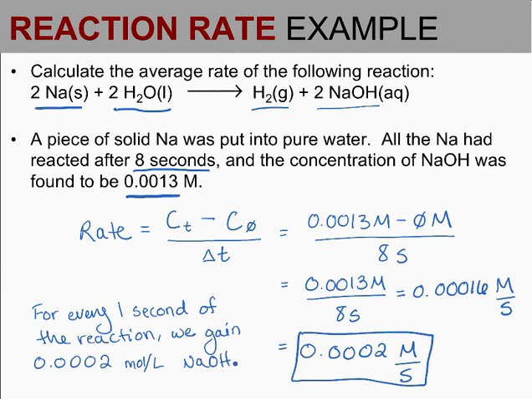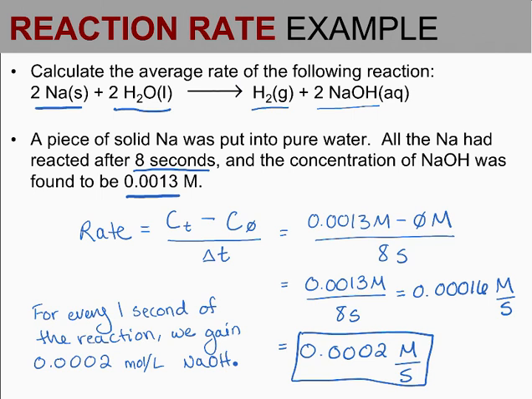Now, the other way to think about this is remember, as the reactants react, we're losing them. So you could also say that for every second of the reaction, we're losing 0.0002 moles per liter of sodium. So reaction rates are really useful. They can change based on how long the reaction goes.